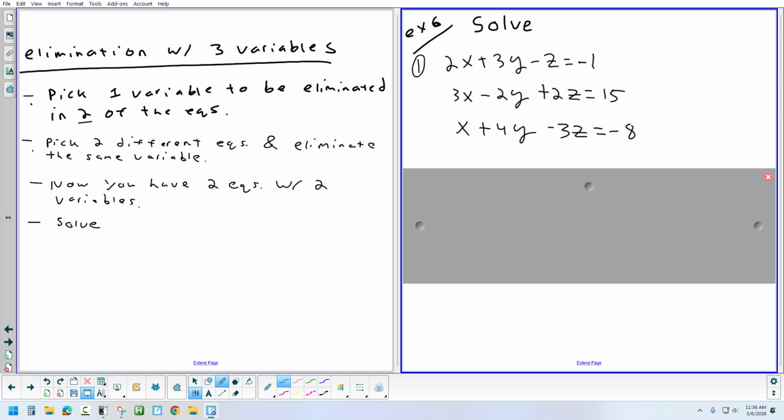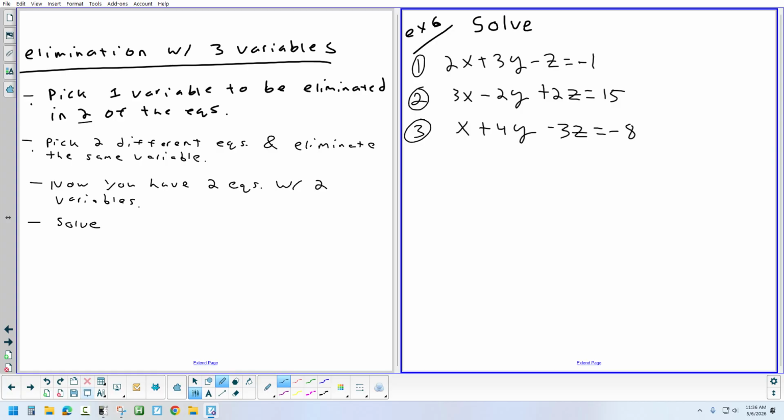When I write down a number and circle it, that means it's referring to an equation number. I'm going to call this equation 2: 3x minus 2y plus 2z equals 15. And the bottom equation, I'm going to call equation 3: x plus 4y minus 3z equals negative 8.